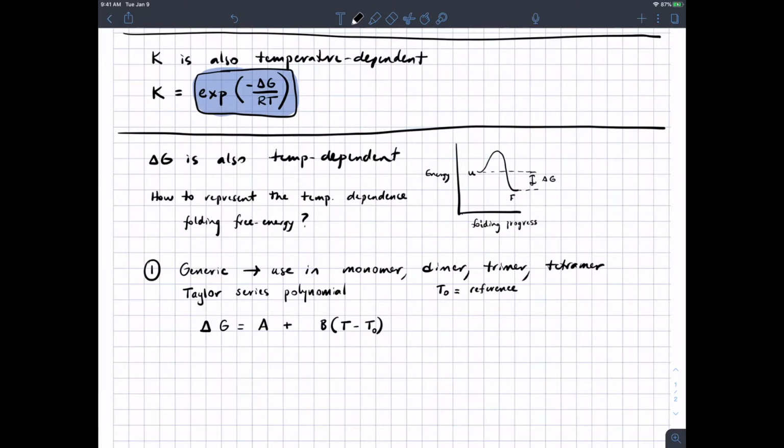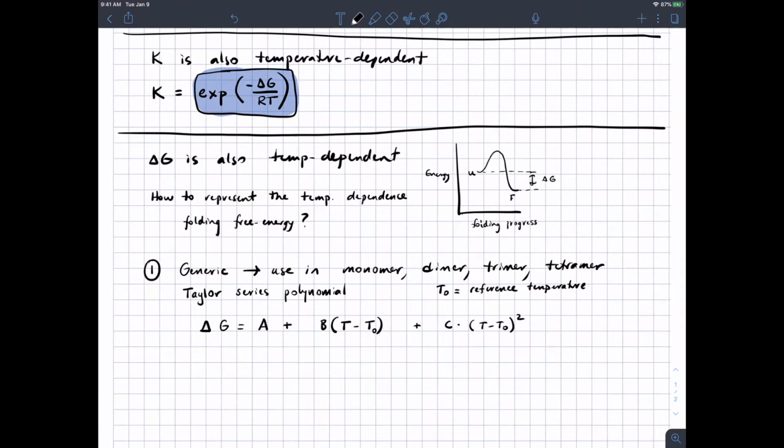The temperature you choose is arbitrary, but should ideally be someplace within the thermal unfolding transition. And then we're going to add plus C times (T minus T naught) squared.